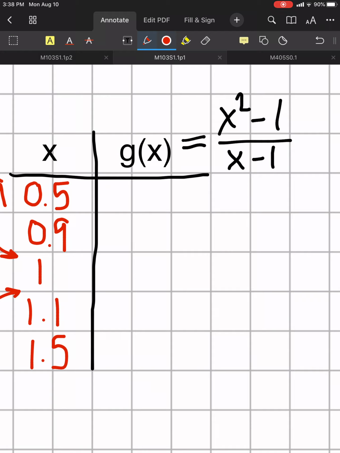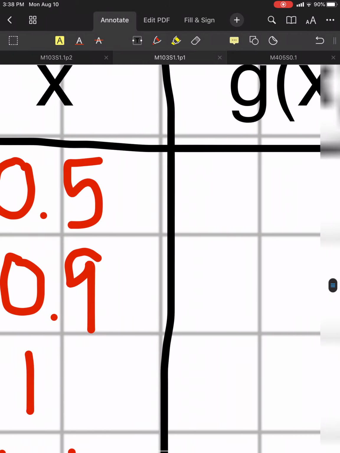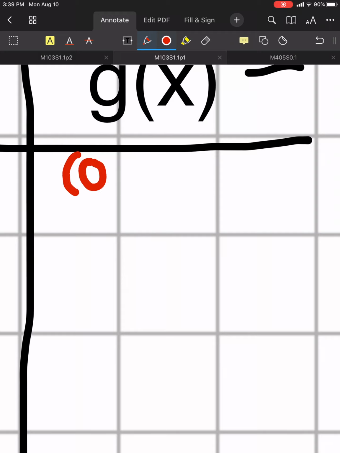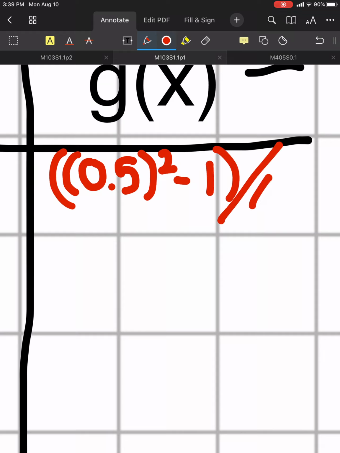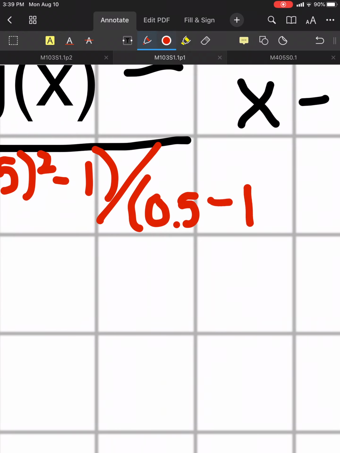Okay, so let's actually zoom in here, and if you'll recall, we've got 0.5 there, and I'm squaring 0.5, subtracting 1, and dividing it by 0.5 minus 1. So let's actually do this out here. So 0.5 squared minus 1 over 0.5 minus 1.